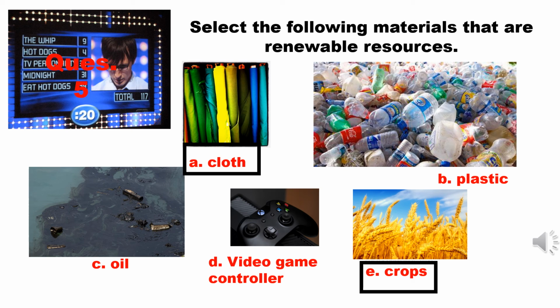Cloth and crops are materials that are renewable natural resources. However, your video game controller is not. It may give you more lives, but that's not a real renewable resource. However, plastic is not a natural resource, and oil takes millions of years to form.